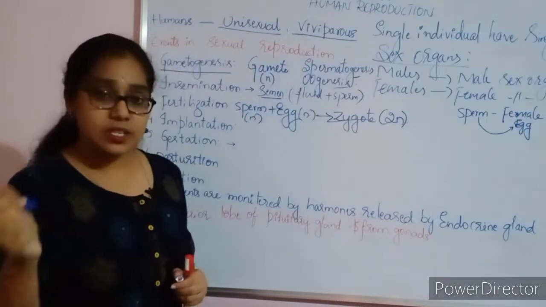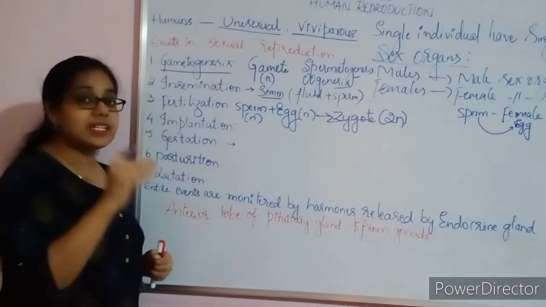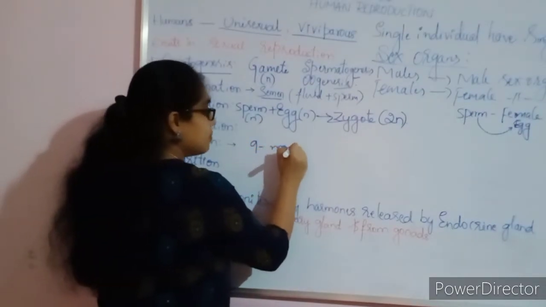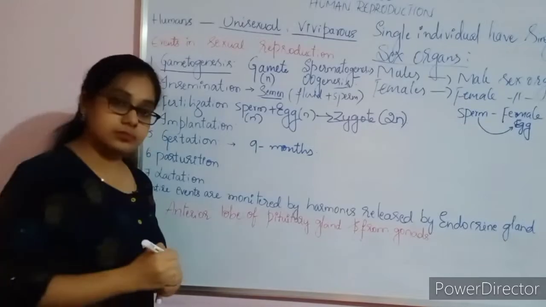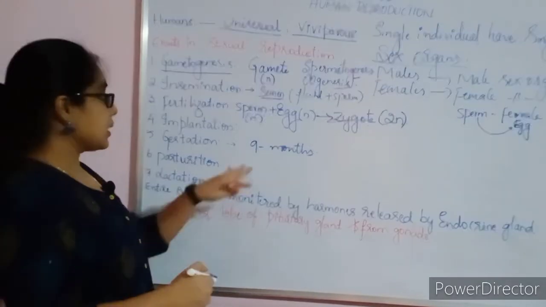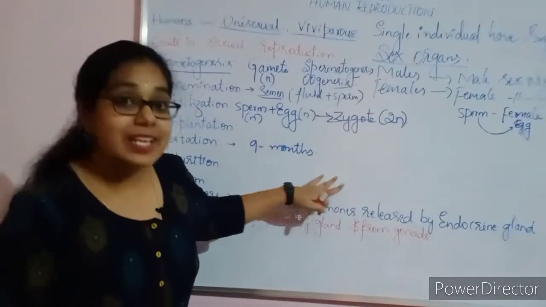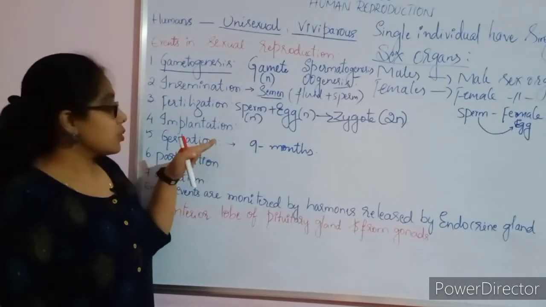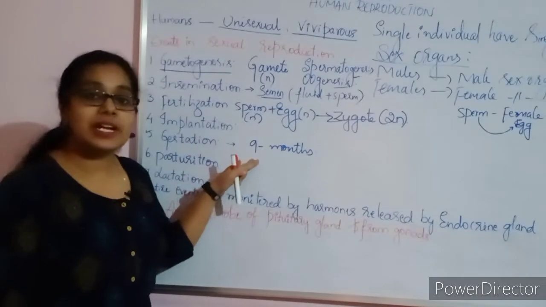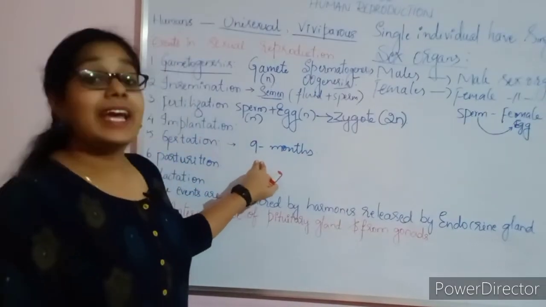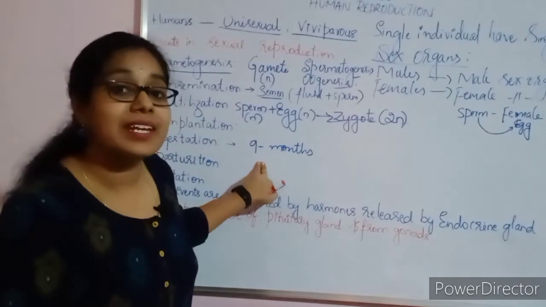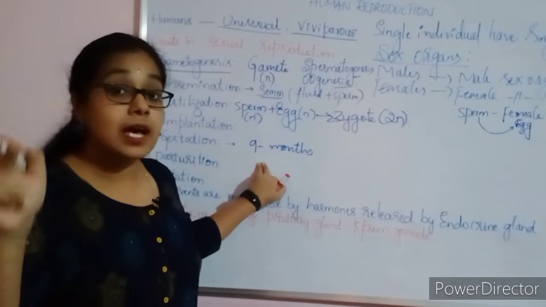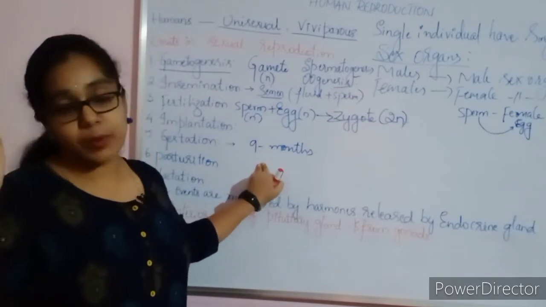And we know that in humans, the pregnancy period lasts for how many months? It is 9 months. So this 9 months time duration is nothing but the gestation period. How are you going to write the definition for gestation period? It is the time period of pregnancy which lasts for about 9 months, called the gestation period.